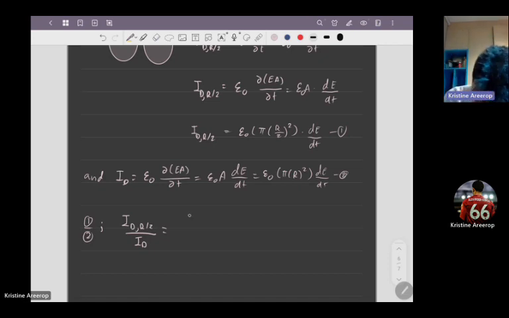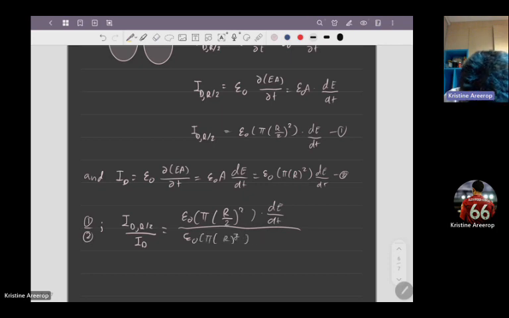I write them like this: pi times R by 2 squared times dE by dt, over epsilon 0 pi R squared dE by dt.